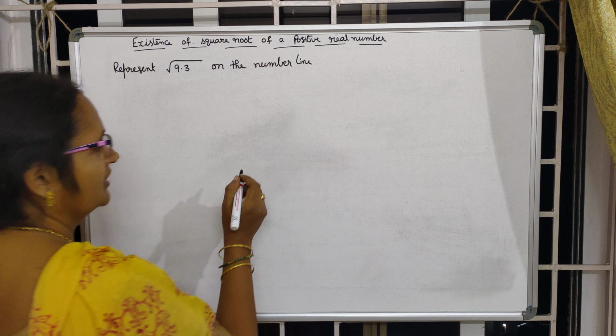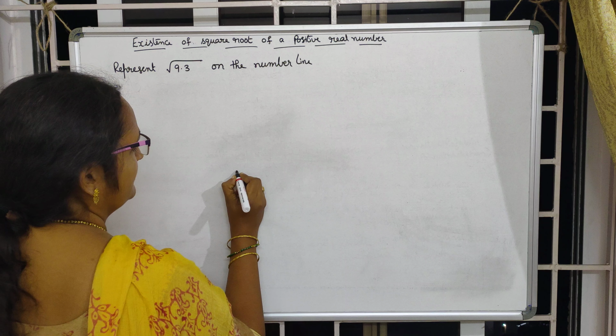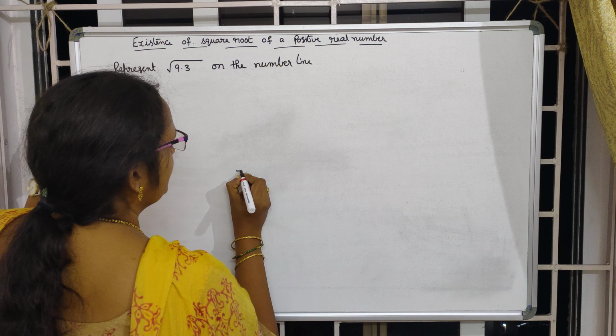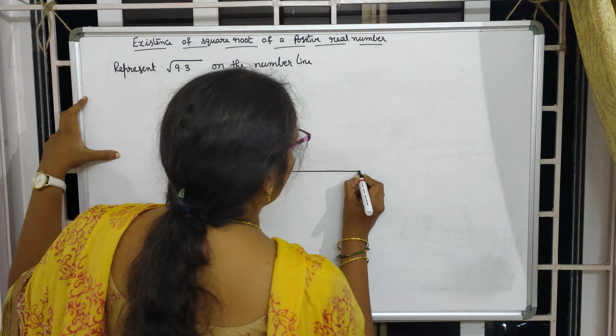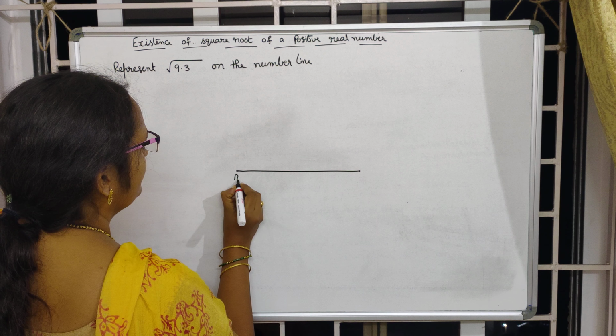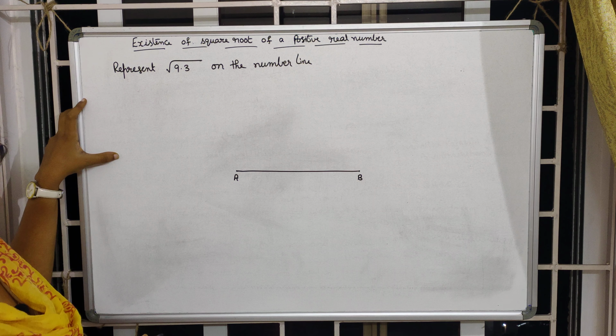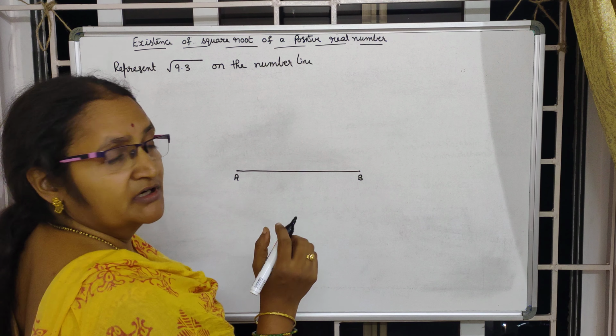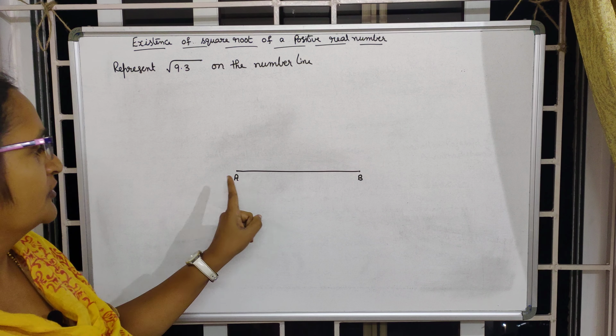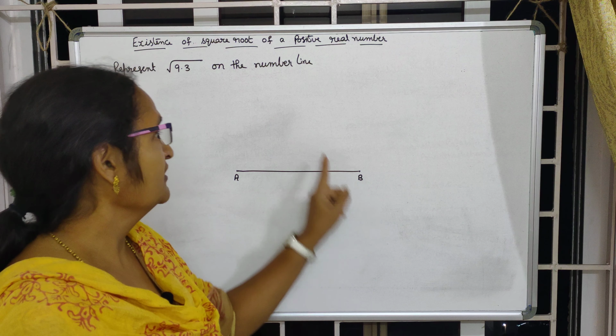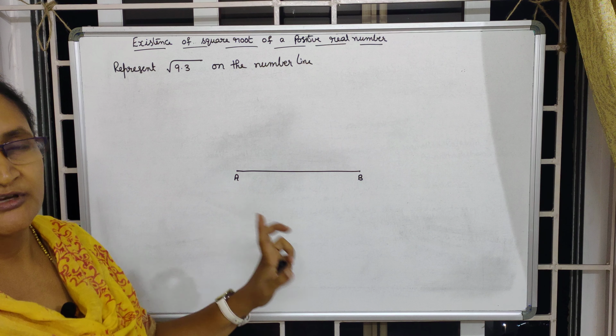First we draw, using the scale, a line segment AB equal to 9.3 centimeters. In the first step, we have drawn a line segment AB with 9.3 centimeters.